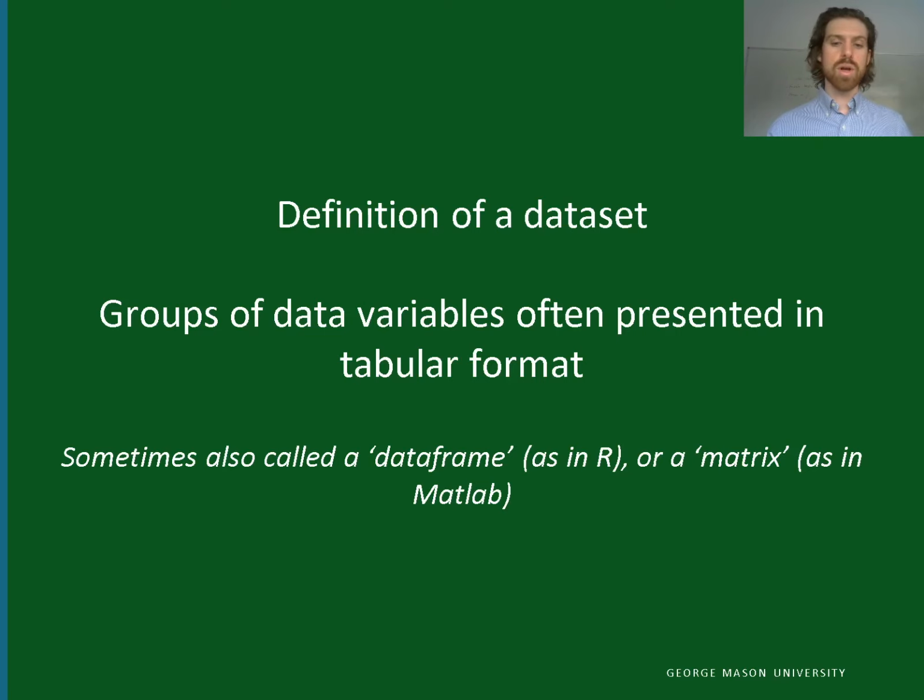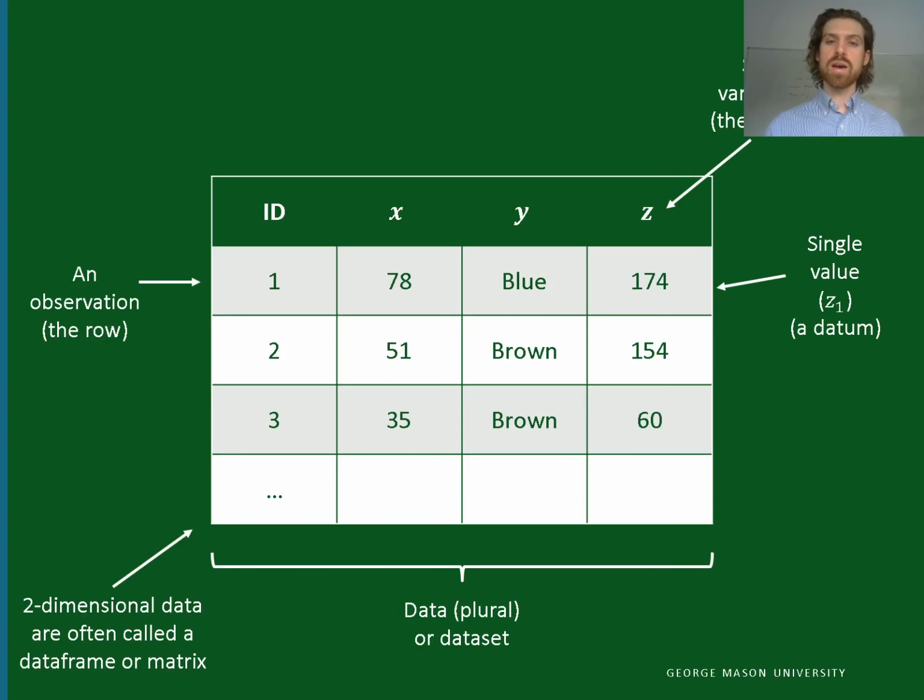For example, engineers or physicists or mathematicians may refer to matrices, and it's just basically a two-dimensional table of data, as you see here, except obviously we've got some qualitative information. But anyway, I just want to make that key point.